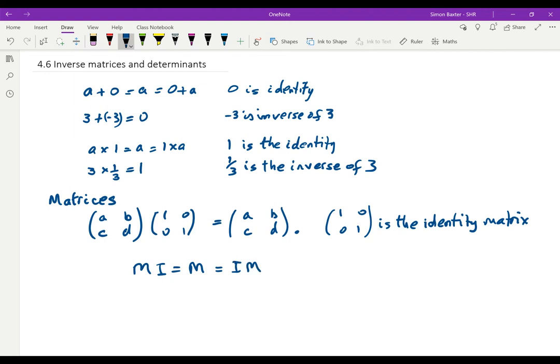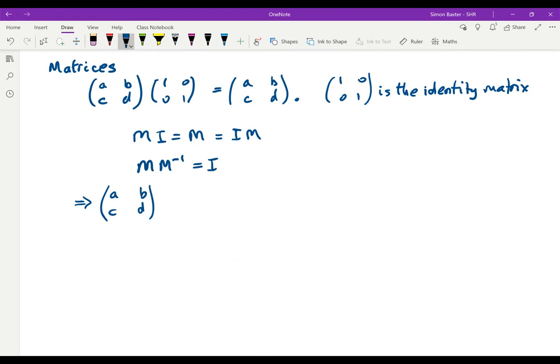Well, how can we find the inverse of M? If we're looking for the inverse of M, then we're looking for a matrix, if we think above, that the matrix or the number times its inverse brought us back to the identity. So we're looking for combining M with its inverse to give us the identity.